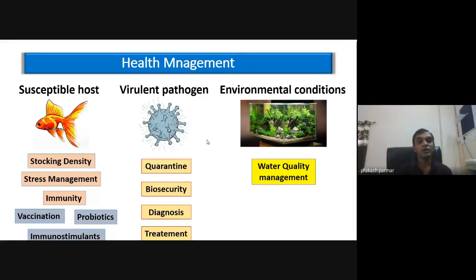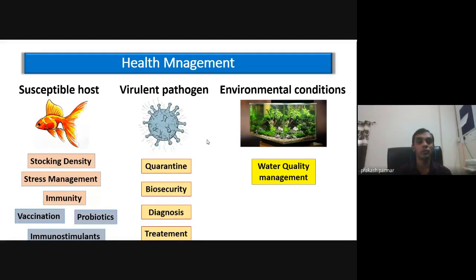Stress management we can also do through handling, transportation and all other stress. Then an important thing for the health management of the host is immunity boosting, because when anything enters the body, it has to fight against the immunity to produce the disease. So if we boost the immunity, even if the pathogen is present and infection is there, the disease may not appear due to good immunity.